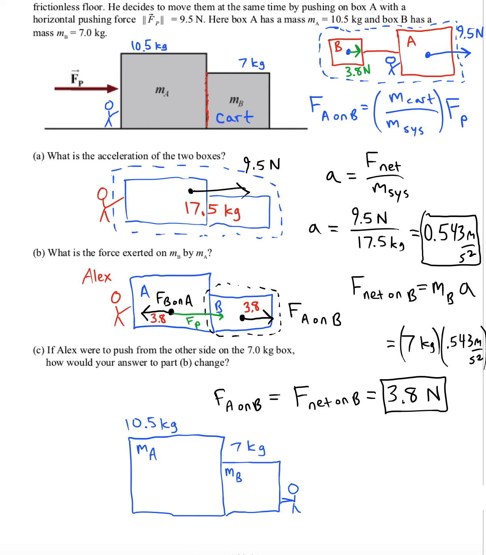Well, we can calculate the normal force quite easily using the formula force of B on A equals the fraction of the cart mass divided by the total mass times the magnitude of his push, which will again be 9.5 newtons.